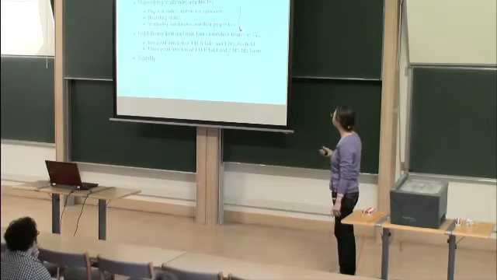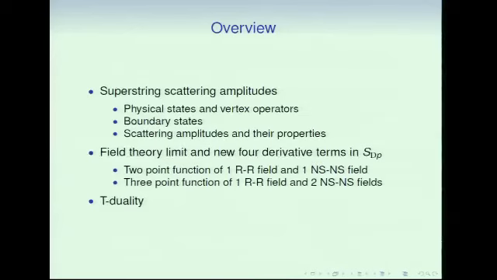So I will spend some time showing how we set up this technology to compute the superstring scattering amplitudes, and I will show that these are reliable objects. So I will talk about some of their properties. Then I will come to some concrete examples. I will discuss concretely a 2-point function of one Ramond-Ramond field and one NS-NS field.